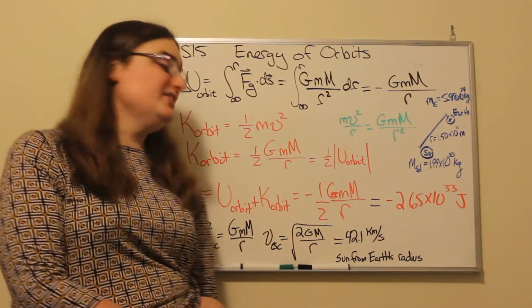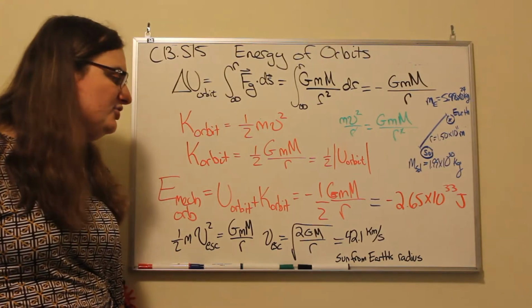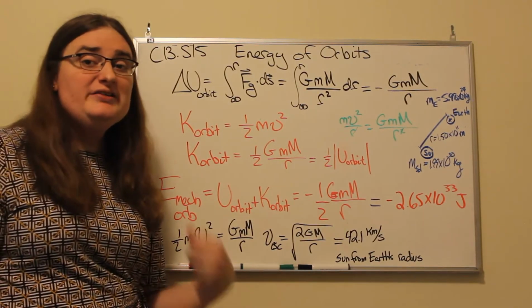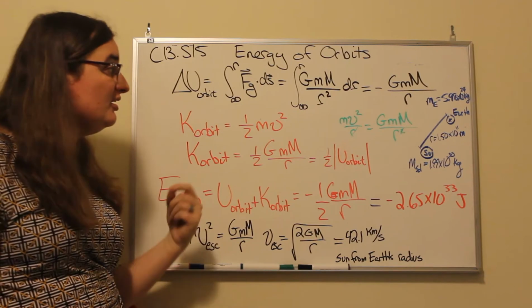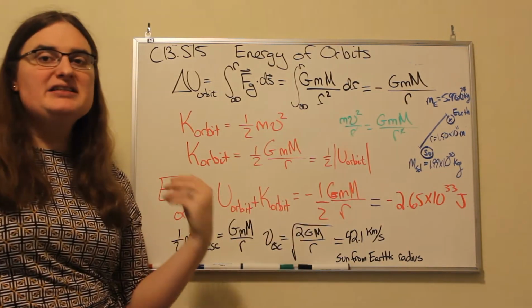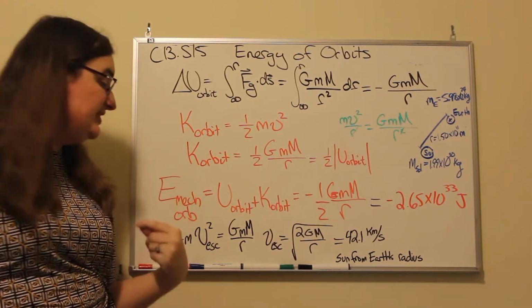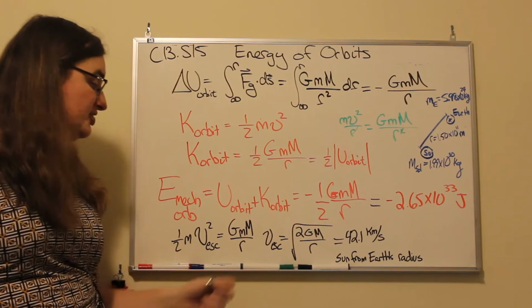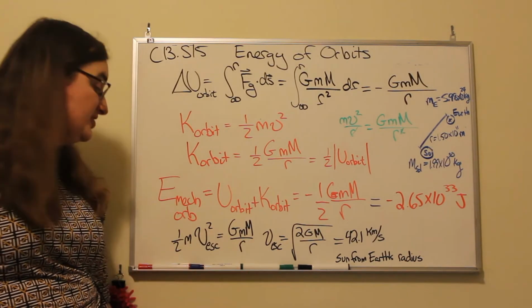Now, just as a quick extension, we could use energy conservation to figure out how fast we'd have to go to actually escape, to get us up to zero potential energy. Our kinetic energy would have to equal the size of our potential energy.